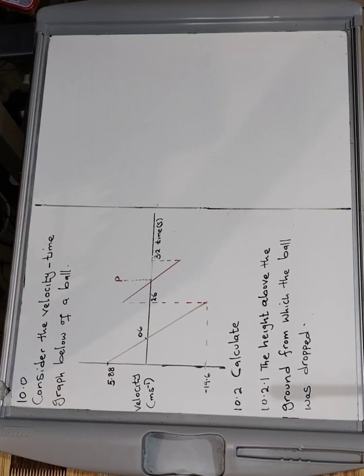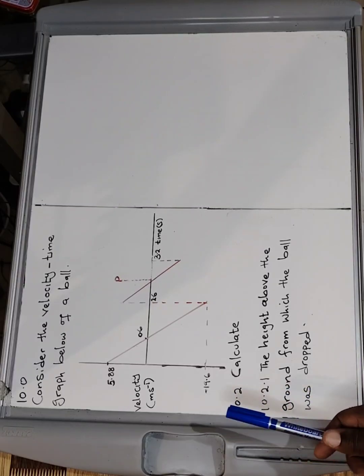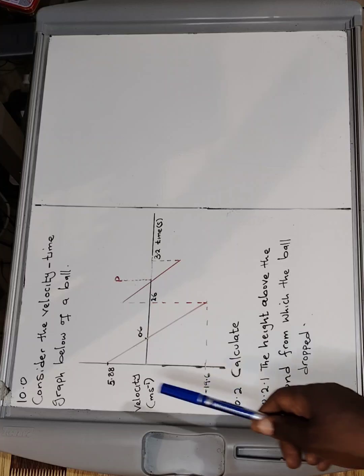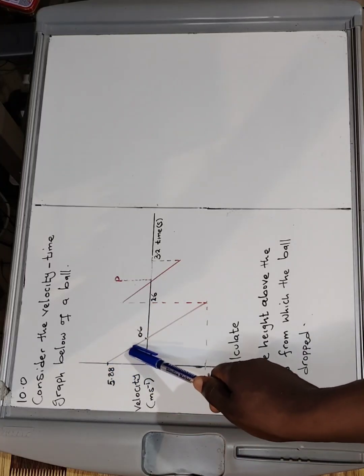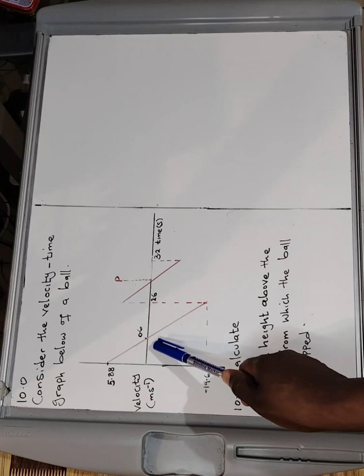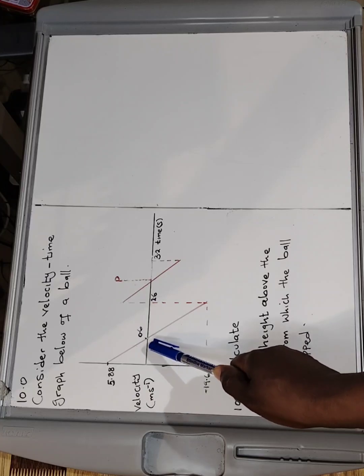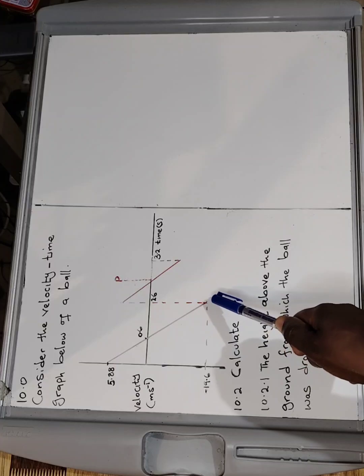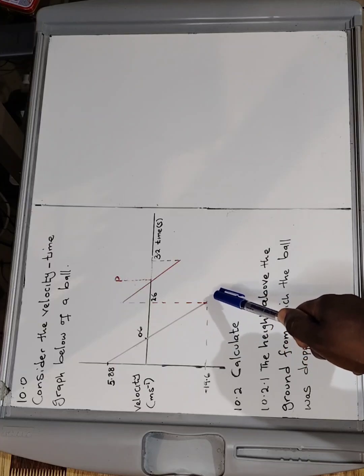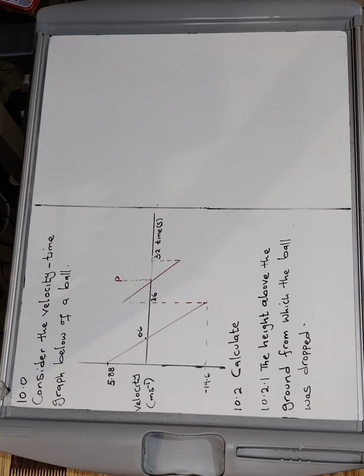Okay, when you look at the graph, what is that height they are talking about? Let's look at the motion of the ball. The ball was projected upwards. It reached maximum height. Then from maximum height, the ball turned direction and moved downwards until it struck the ground.